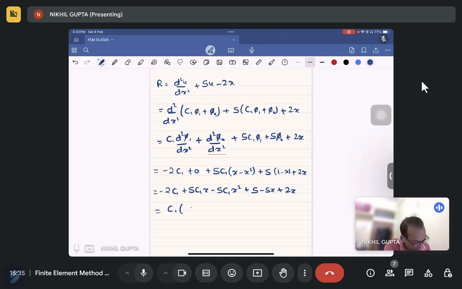So this will be minus 5x square, then plus 5x minus 2.